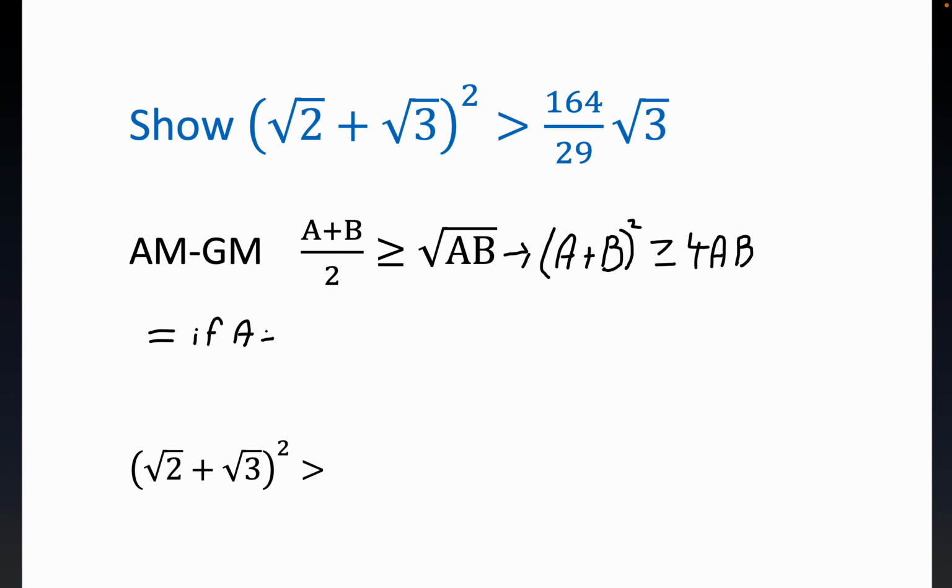Okay, square root of 2 is not equal to the square root of 3, and so that's why we can drop the equality portion of this inequality symbol. So this right here would be, according to this result, greater than 4 times root 2 times root 3.